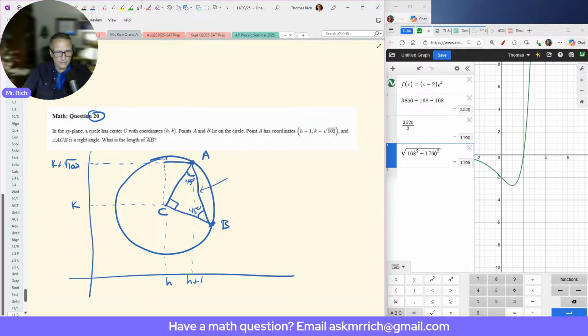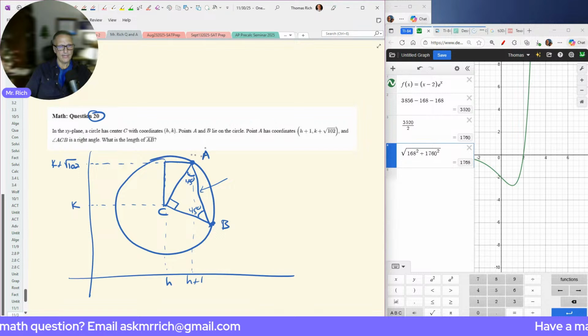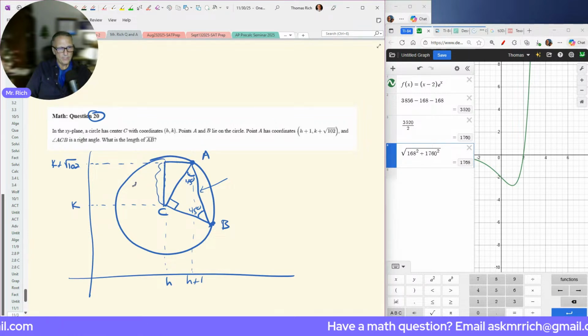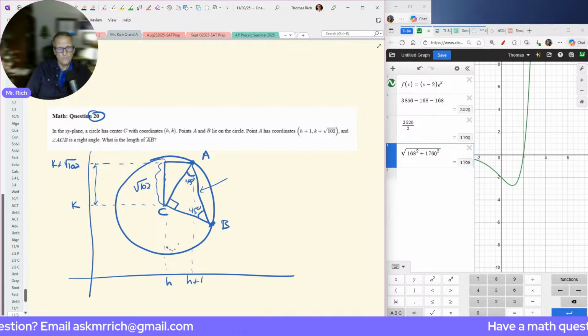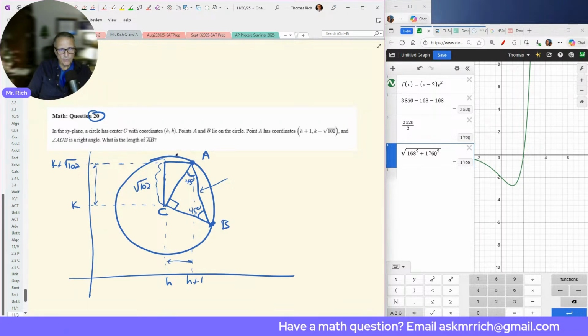Look at this. Okay, because I now know that this vertical distance right here is the square root of 102, right? If that's K plus root 102, this distance between those 2 Y coordinates is root 102. Same thing over here. This distance between H and H plus 1 is 1.